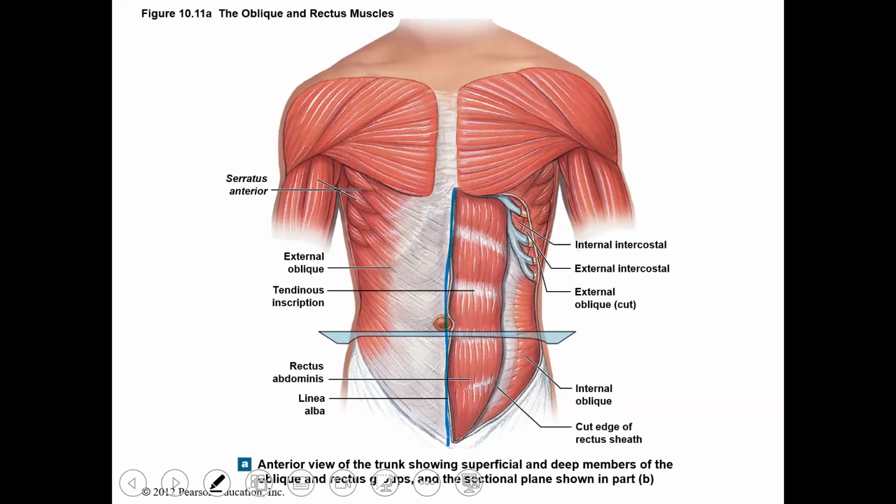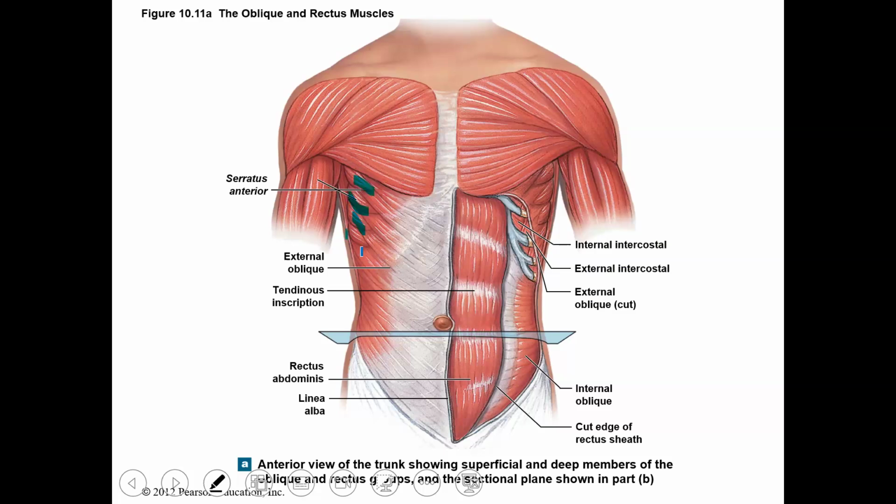Okay. We see our internal and external intercostals again, in between the ribs. External oblique is an abdominal muscle. You can see it better over here. And then you can see the internal oblique right here. And you can see serratus anterior.